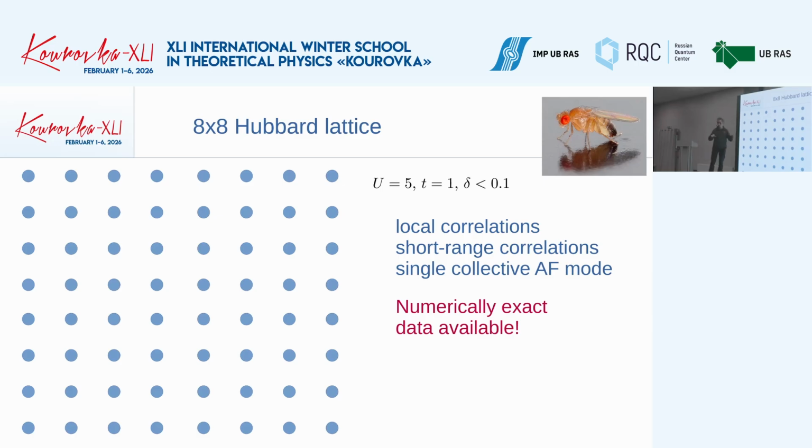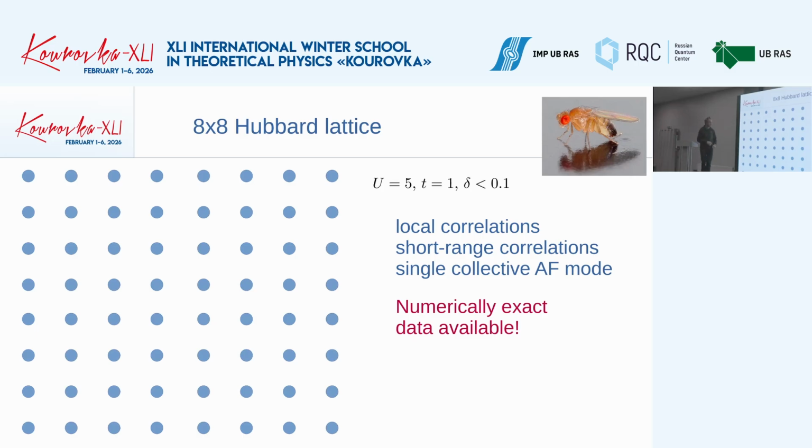You don't have large, at least, space fluctuations. I will consider this situation as a Drosophila in the sense that there is just a single collective antiferromagnetic mode, and I will stay not far from half filling, so that there is no superconductivity, no charge density waves, no spin waves, nothing, just antiferromagnetism.